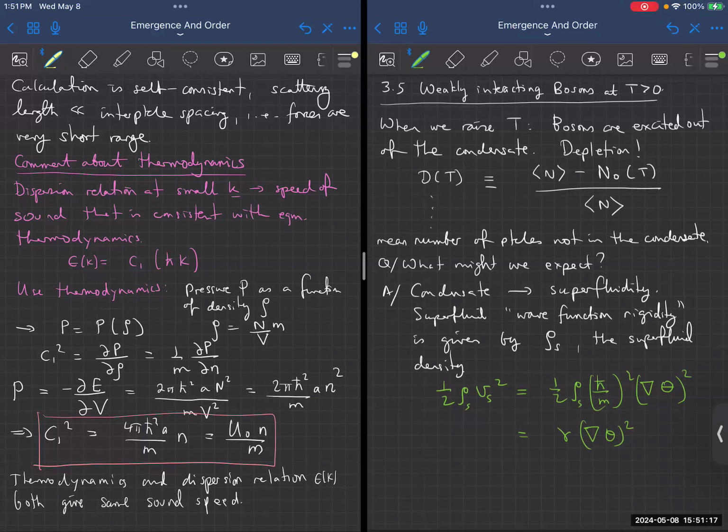Okay, so we called rho s the superfluid density. We also called it the helicity modulus. So the superfluid velocity is just given by the gradient of the phase of the macroscopic wave function, and so we would expect that the quantity that gives us superfluidity is related to the superfluid density.